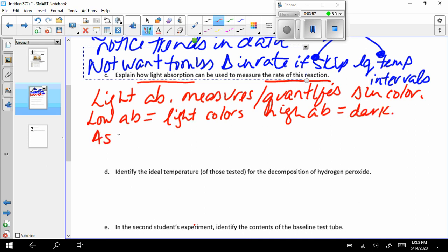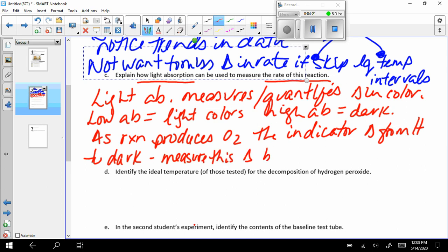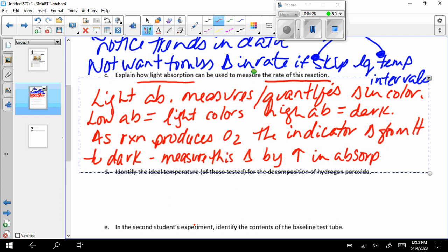So as the reaction produces oxygen, the indicator changes from light to dark. And so you can measure this change by the increase in absorption. The darker it gets, the more oxygen it was making.